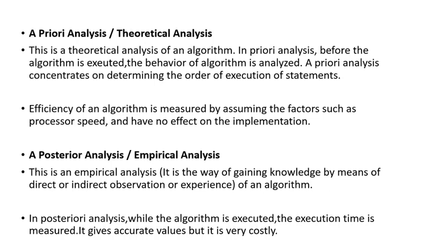So what does it mean? It is assuming things, like when you open a map, it will assume based on your processor speed, the internet speed and all these things. So with the help of priori analysis, we are not going to get an accurate result.